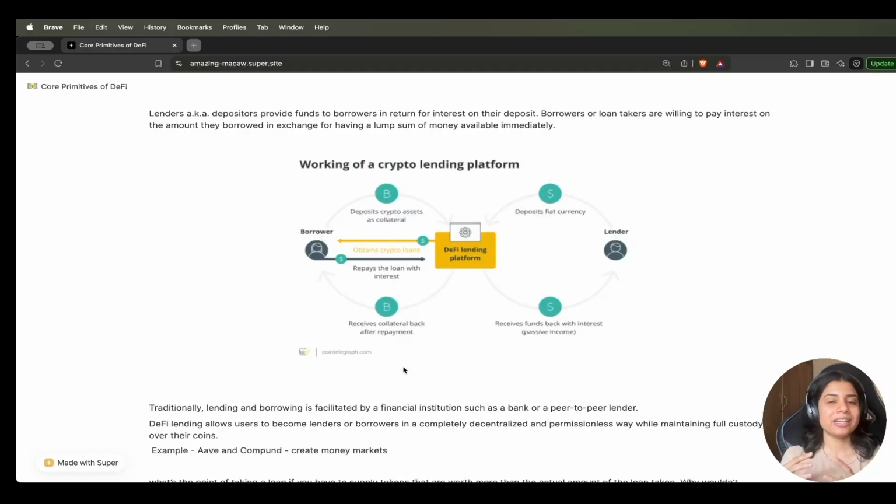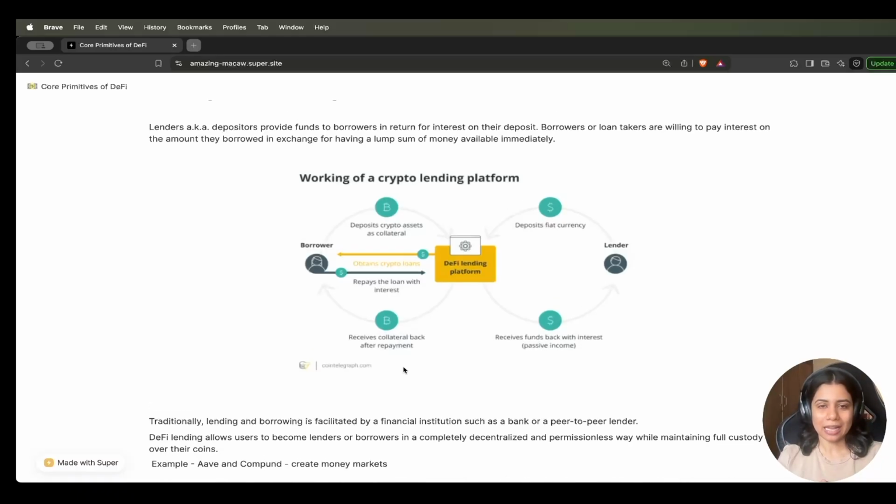To give you an example of these platforms, we have Aave and Compound, which we will deep dive into in later sections. One important thing to note here is that if I'm a borrower and I want to take a loan, I need to provide cryptocurrency as collateral, and the cryptocurrency that I provide will not be in a 1:1 ratio.